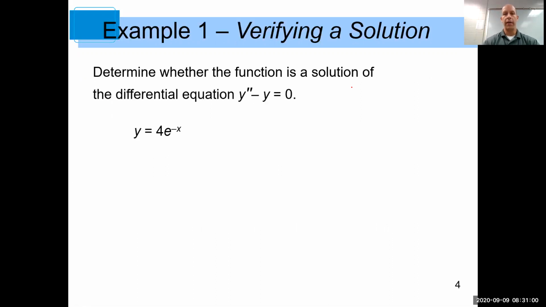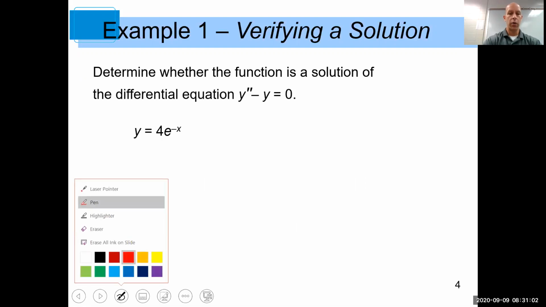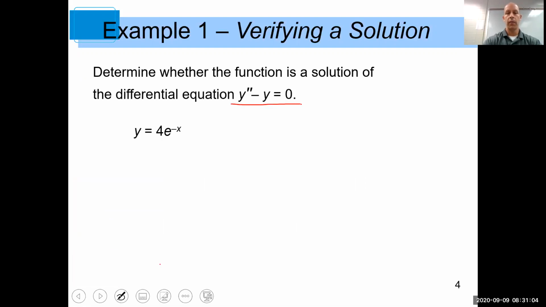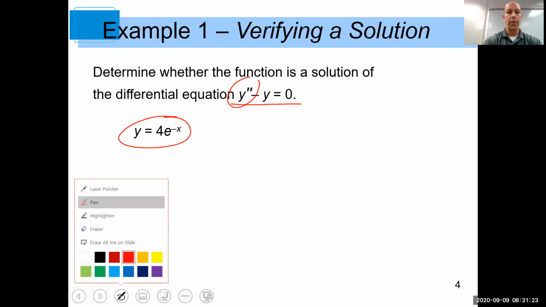So here we have a second order differential equation, y double prime minus y equals 0. And this question is asking us to determine whether the function is a solution for the differential equation. So is y equals 4e to the negative x a solution? Well, in order to determine that, we have to figure out what y prime and y double prime are.